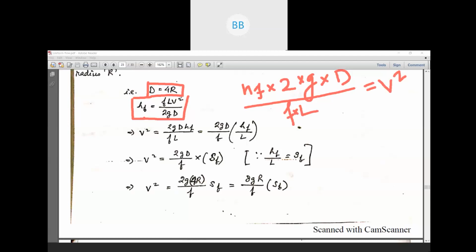If you bring all the terms to the left hand side, it will be hf multiplied by twice into g into D divided by friction factor multiplied by length, equal to V square. You can write down this expression: V square equal to twice g D hf, where hf is the head loss due to friction, divided by f multiplied by your length.